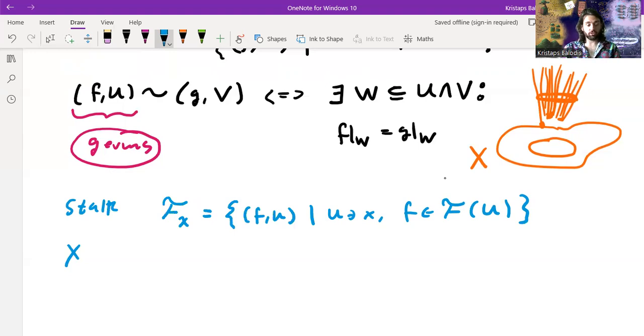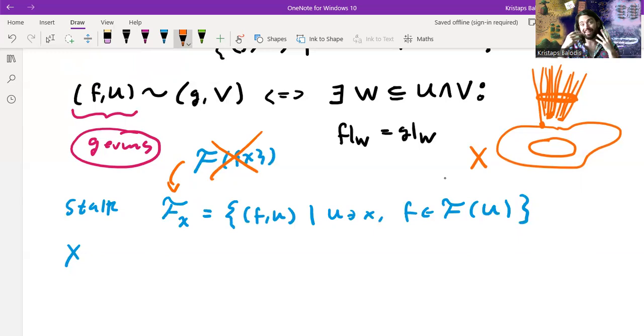And now this is our sort of stand-in. We weren't able to make sense of this thing in general because in general, we can't expect our singleton sets to be open. But this is the next best approximation.